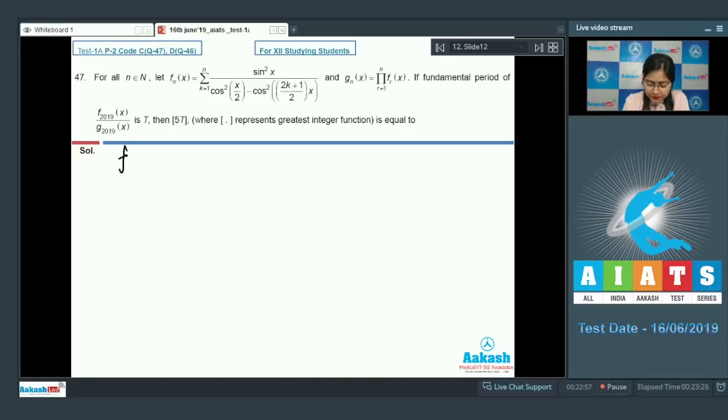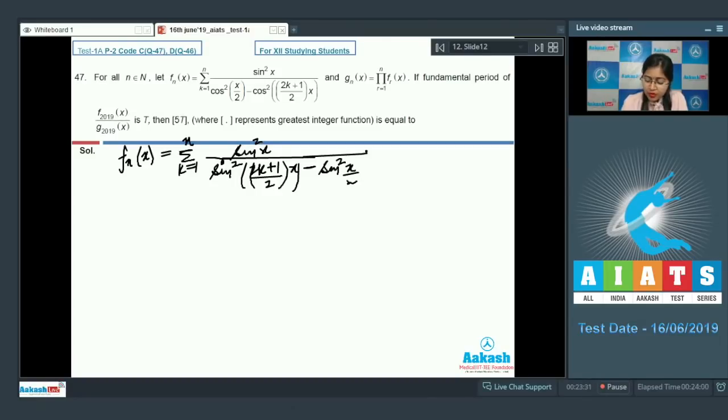So let's firstly find the function f_n(x), which is equal to summation k going from 1 to n of sin square x divided by, see, cos square alpha minus cos square beta, that can be written as sin square beta minus sin square alpha. We can write it as sin square of ((2k plus 1) divided by 2) multiplied with x minus sin square of (x by 2).